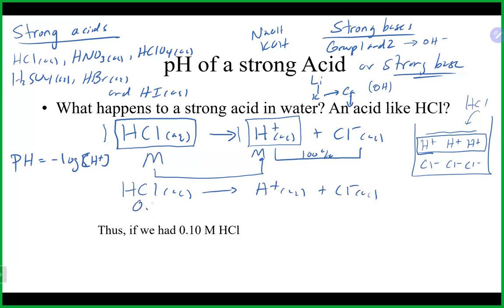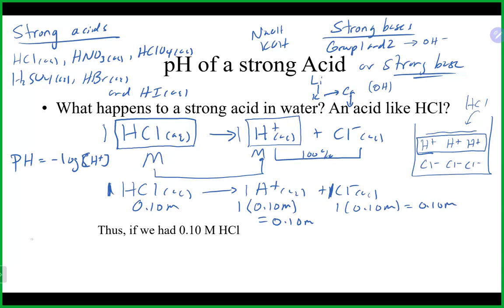And because this is 0.1 molar, it is a 1-to-1 relationship, which means if you want the concentration of the H plus, you would take 1 times the 0.1 molar, which would give you 0.1 molar. By the way, you could do that for the chloride, although we're not really interested in this case, it is 1-to-1. And for the chloride, it would also be 0.1 molar of chloride ions in that solution. Again, not really important for the pH, but that's how you would get it.